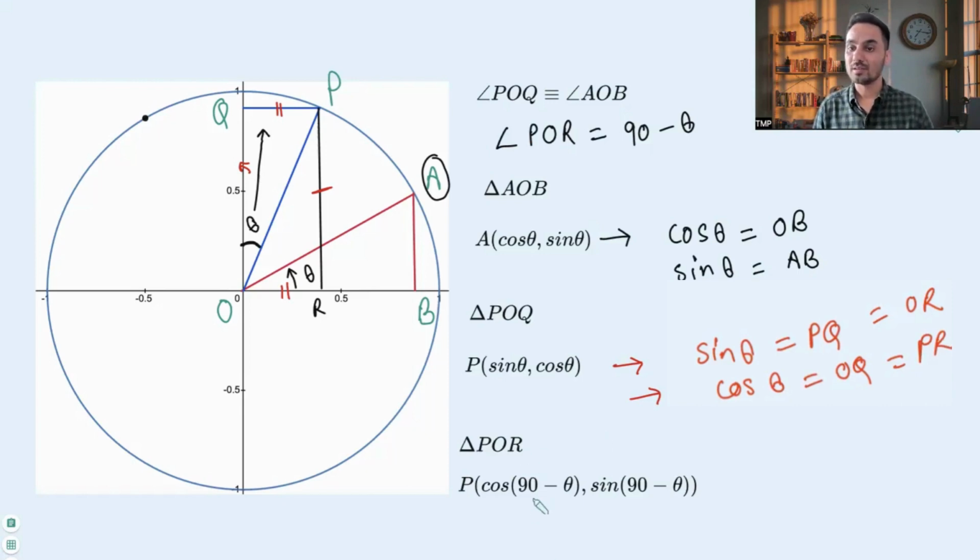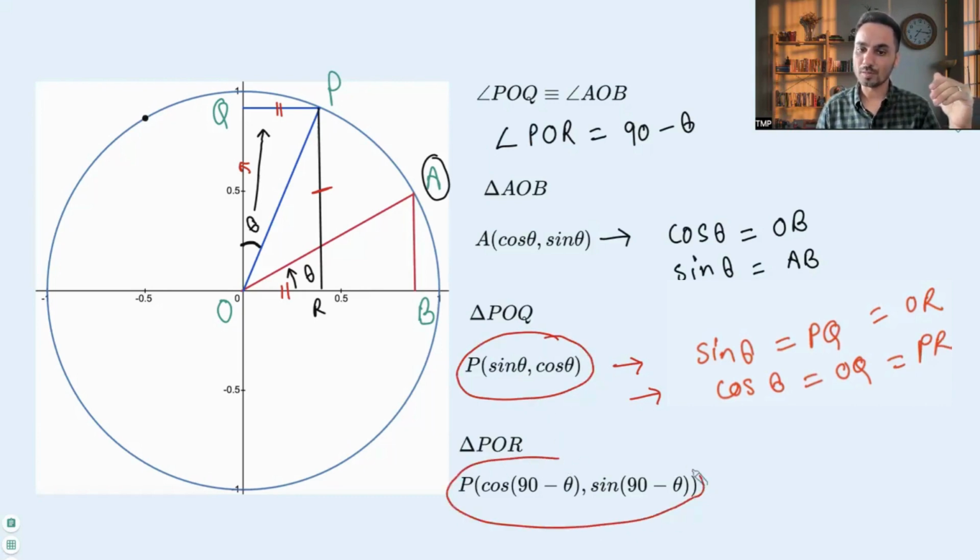That means the coordinates of point P from triangle POQ and the coordinates of point P from triangle POR should be equivalent because we are talking about the same point on the circle. And from here, we can conclude that cos 90 minus theta is equal to sine theta and sine 90 minus theta is equal to cos theta.